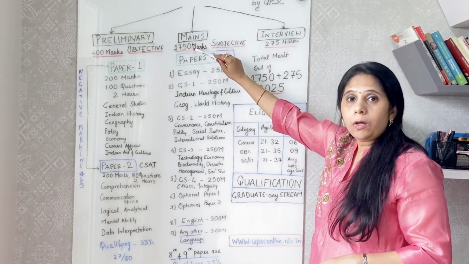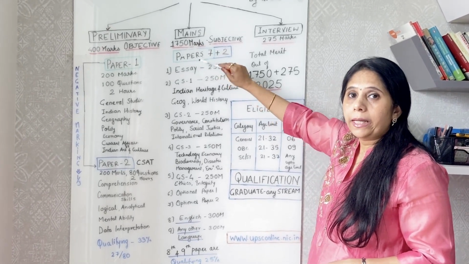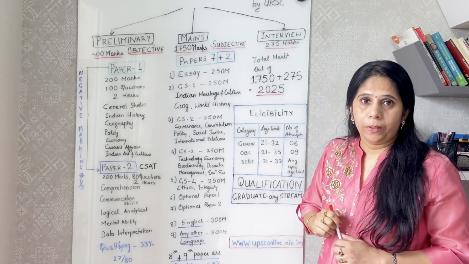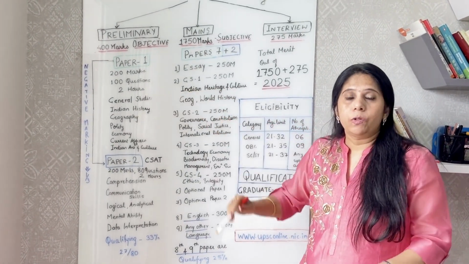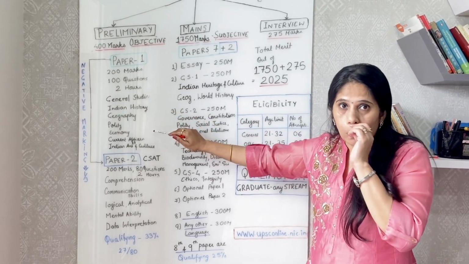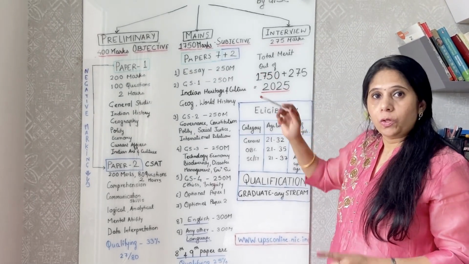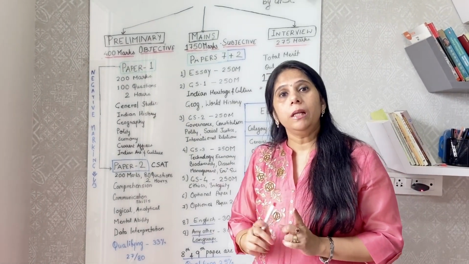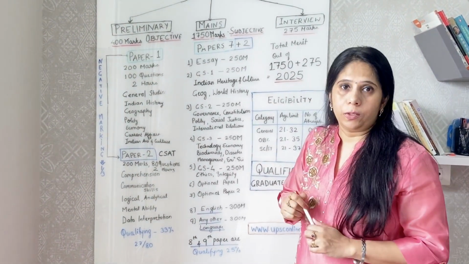Getting a certain score out of 1750 is going to make you eligible for a call for the interview. So again, as we said, if 13 to 14 times the available positions were the number of students called for mains, here again it is 3 times the number of positions. So if we assume 1000 positions are available, 3000 people would qualify for interviews.